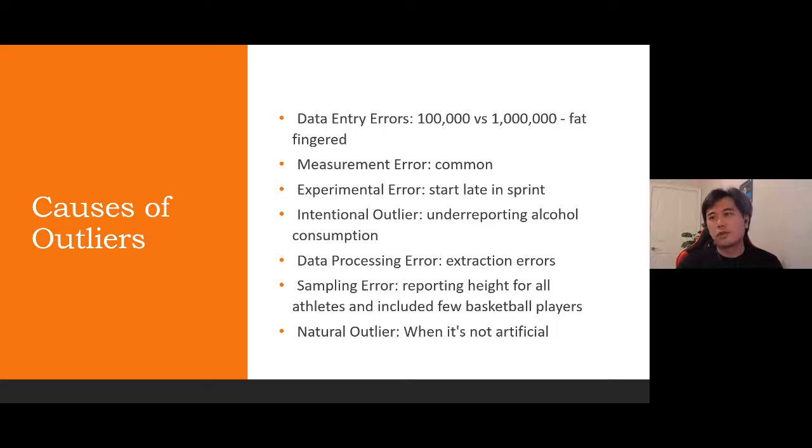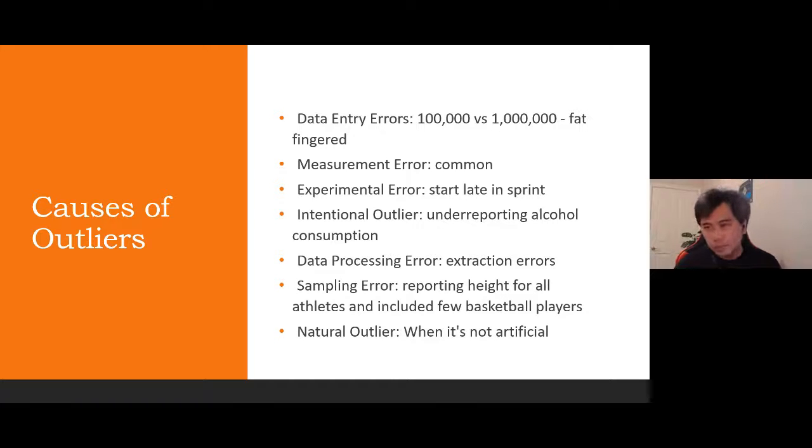Another one is data processing errors in how you extract and read data from the database. It could be that it's missing some of that data, or how you convert that data from one medium to another. That can be an issue for data processing too.